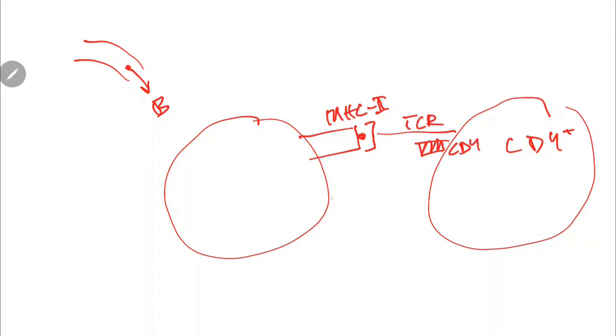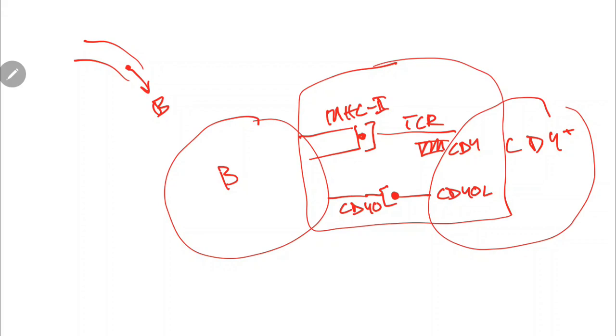Then simultaneously, you have this CD40 ligand over here on the T cell, and this is your CD40 receptor on the antigen presenting cell or your B cell. Now, both of these interactions are very important and vital for your immune response.